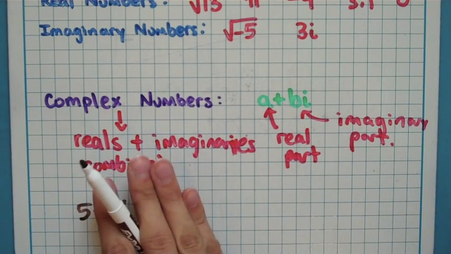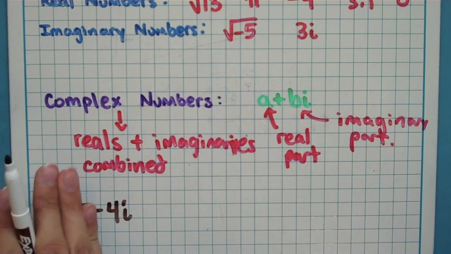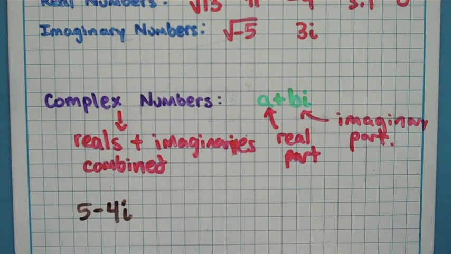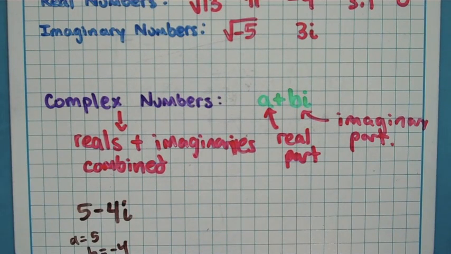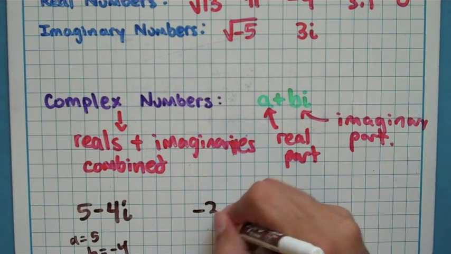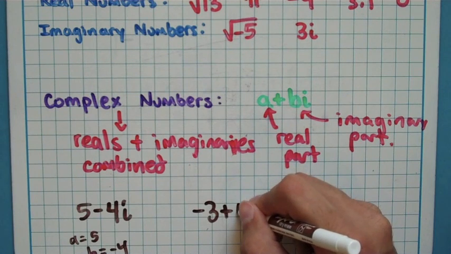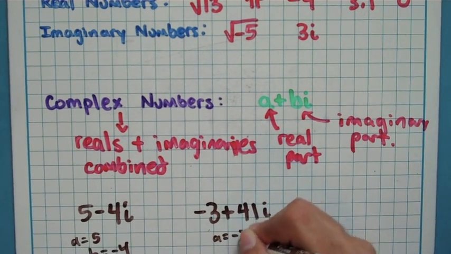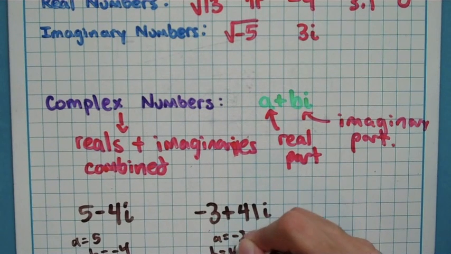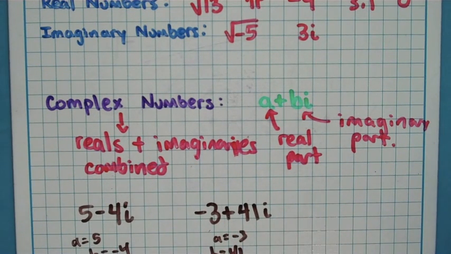It's got a real part, just a plain old 5 there, and it's got an imaginary part, the minus 4i. We combine those into one number, and we call it a complex number. So if I wanted to, I could say a equals 5 and b equals negative 4 on this one. I could do something like negative 3 plus 41i. Another complex number. We have a real part and an imaginary part. We could label a and b if we wanted to. So yeah, these are examples of complex numbers.